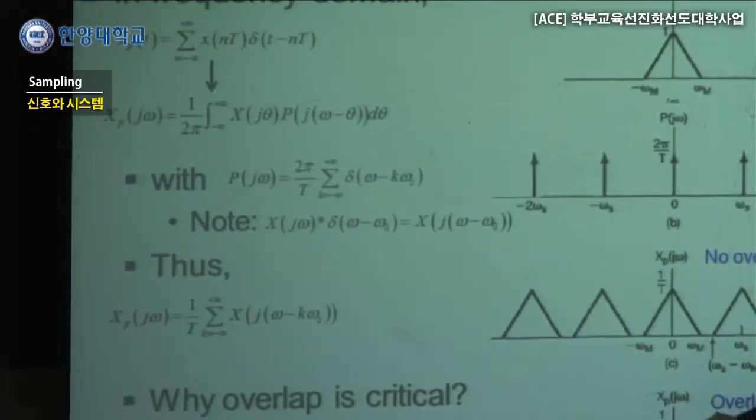Because they should go to 0, but that's not perfectly escaping. This one does not perfectly get out of the area, so there's still some value. So when you have no overlapping, when this one and this one do not overlap, then we can find a train of impulses, a train of signal, which is quite similar to the original. But if you have overlapping, then it cannot be.